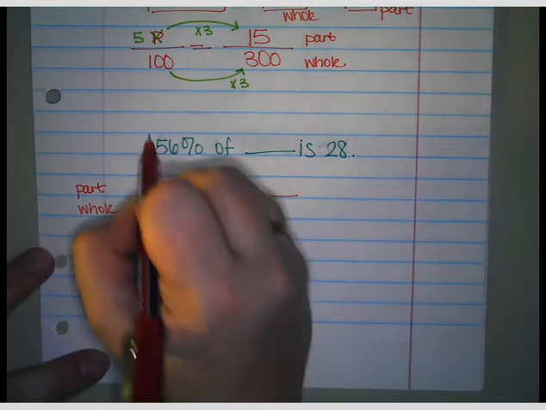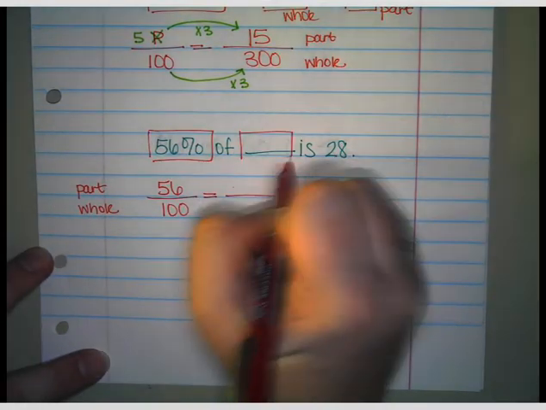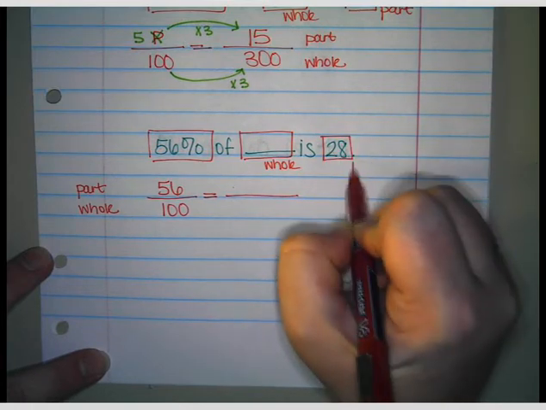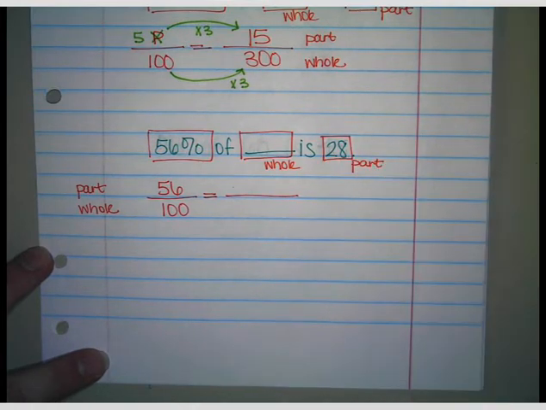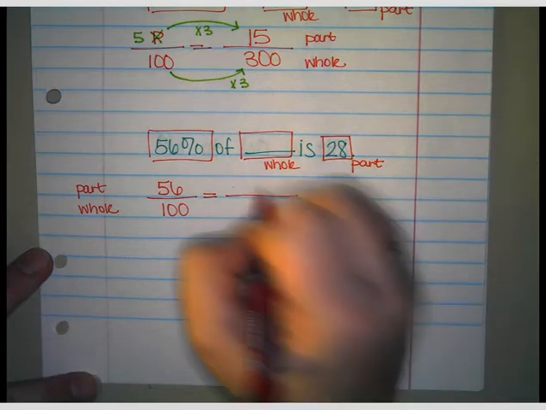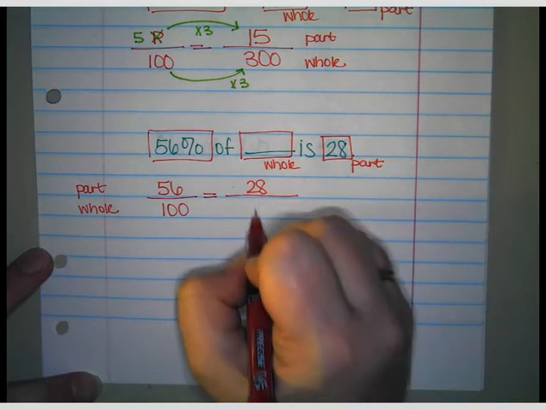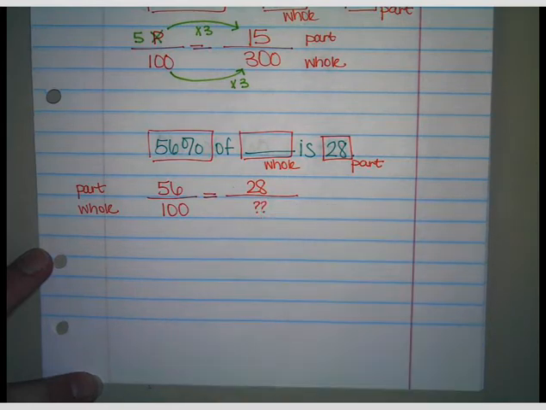And then in my problem, I have percent, and then the first number is always the whole, and the last number is always the part. So when I set up my second ratio, I'm going to put 28 in the top because that's where the parts go, and the number I don't know in the bottom, that's where the wholes go. I just put question marks. I also could have put a letter there to save the space.